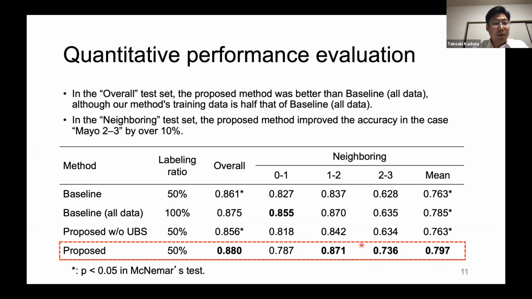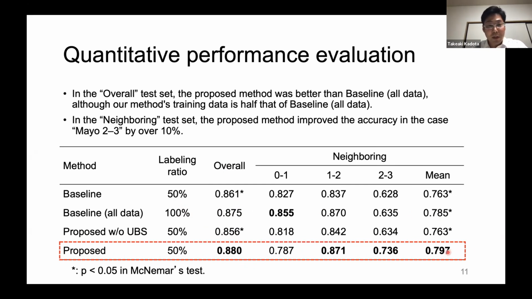This is an experimental result of quantitative performance evaluation. In the overall test data set, the proposed method was better than all comparative methods. Surprisingly, the proposed method was better than baseline all data, although our method's training data is half that of baseline all data.